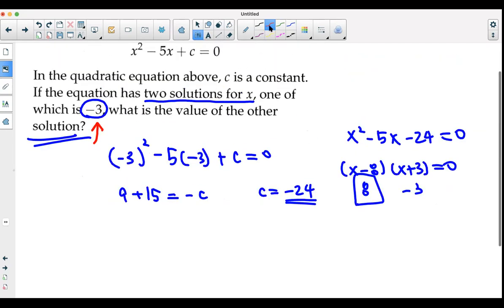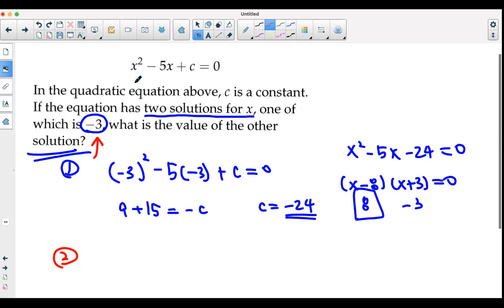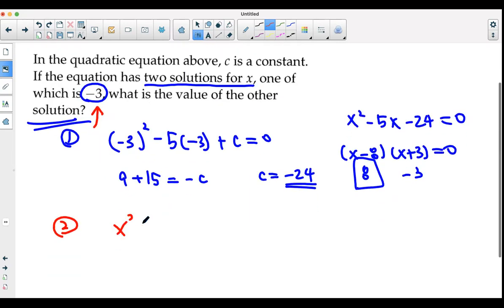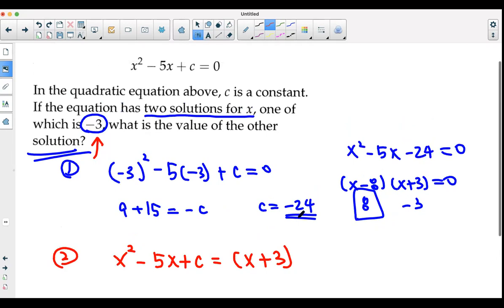Since I know a factor, x squared minus 5x plus c is equal to x plus 3. Why did I put x plus 3? To have negative 3 as my solution. And I don't know what the other one is.